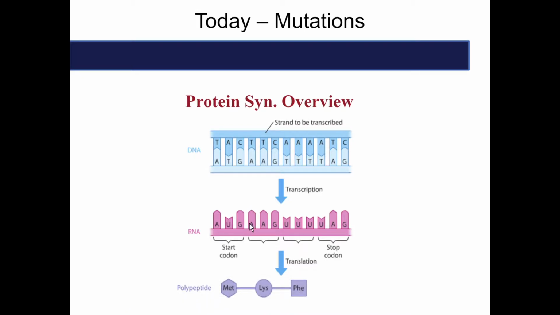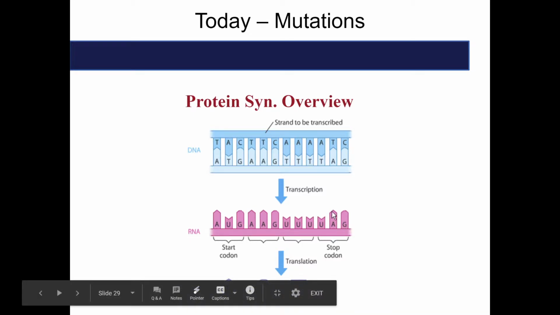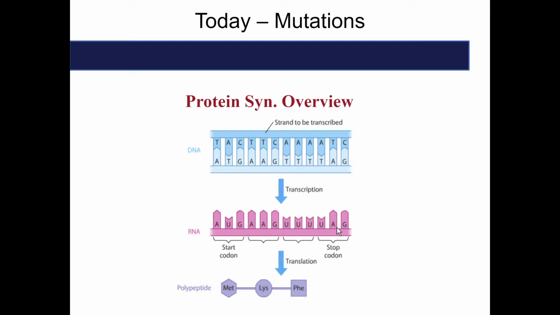And then you continuously read the sequence of 3 in order to get your amino acid sequence until you get to a stop codon. We have 3 stop codons. Here's one of the stop codons. And then in the end, we have our polypeptide chain, that amino acid sequence, which in turn turns into a protein, which are very, very important.